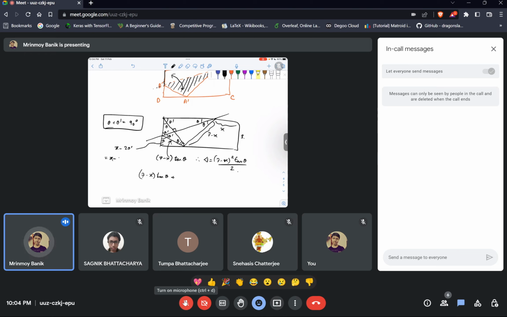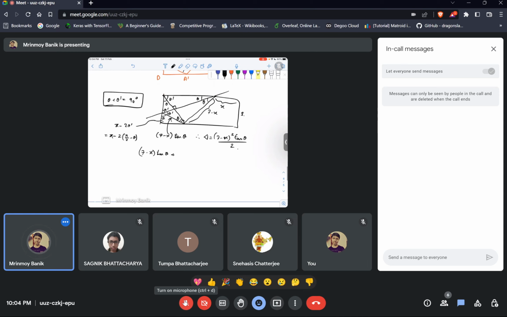That is pi minus twice of (pi by 2 minus theta), so that is 2 theta. So this internal angle is 2 theta.